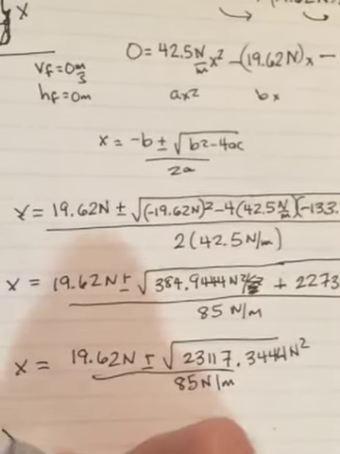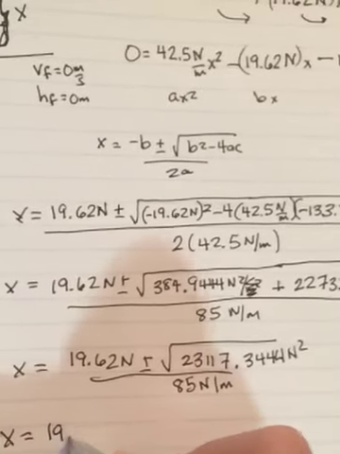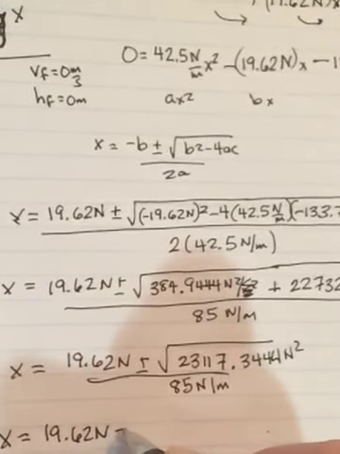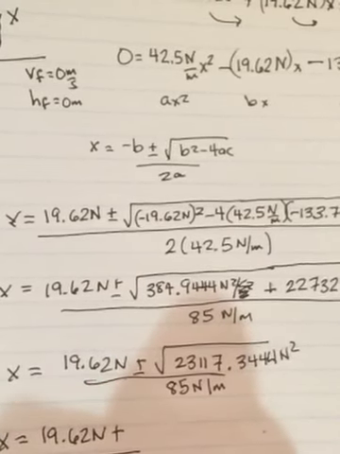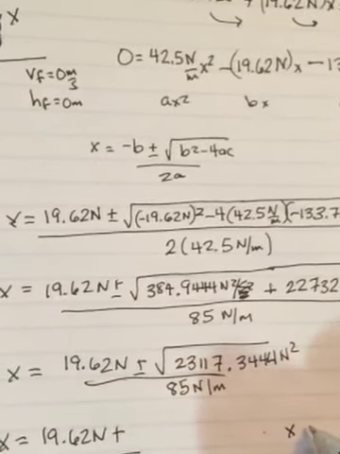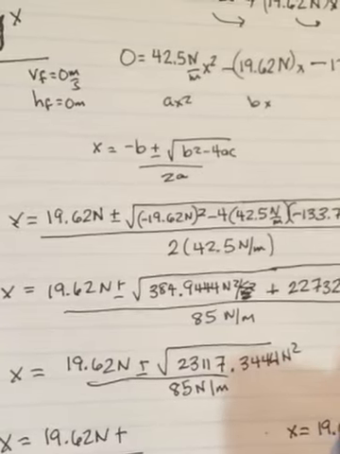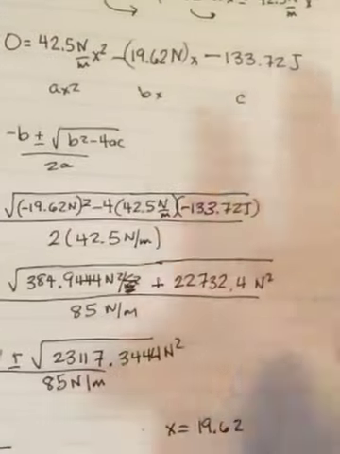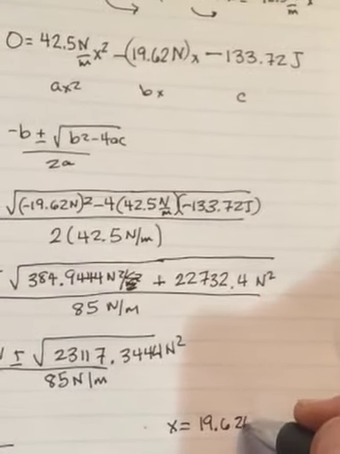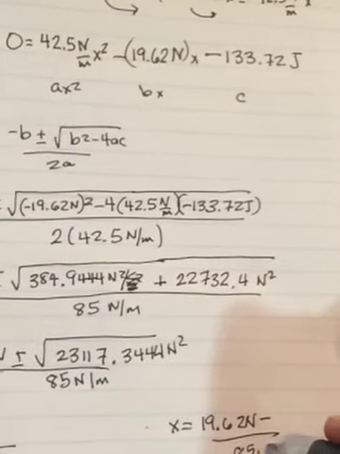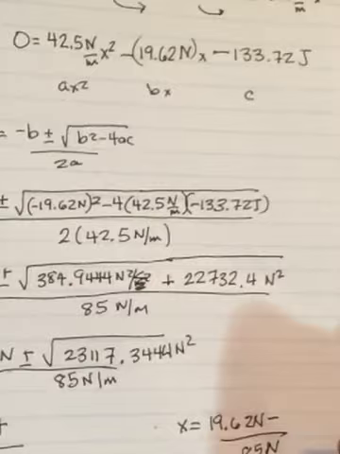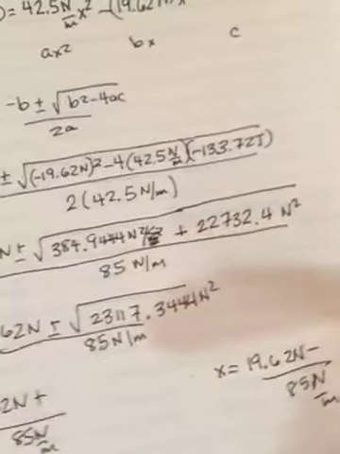So now I take the square root, and I get 19.62 newtons plus over 85 newtons per meter, and I will also get 19.62 newtons minus over 85 newtons per meter. So I'm going to take the square root, and I'm going to get my two possible terms.